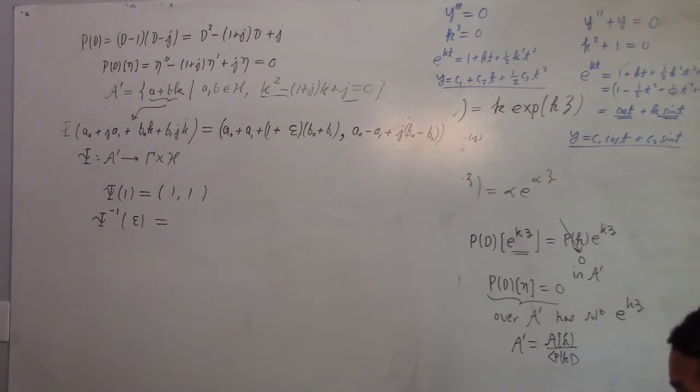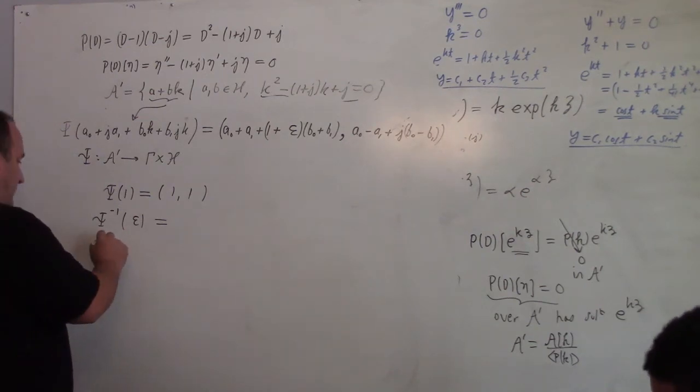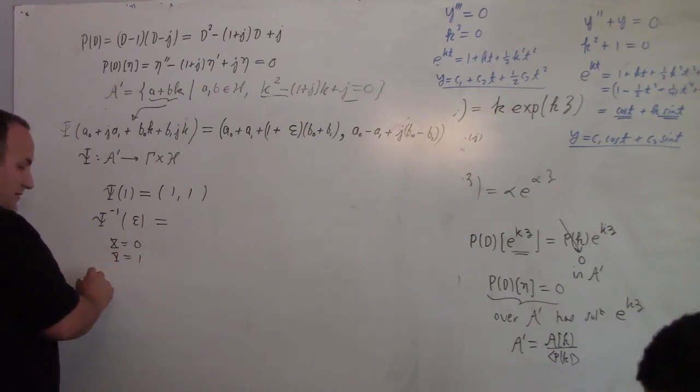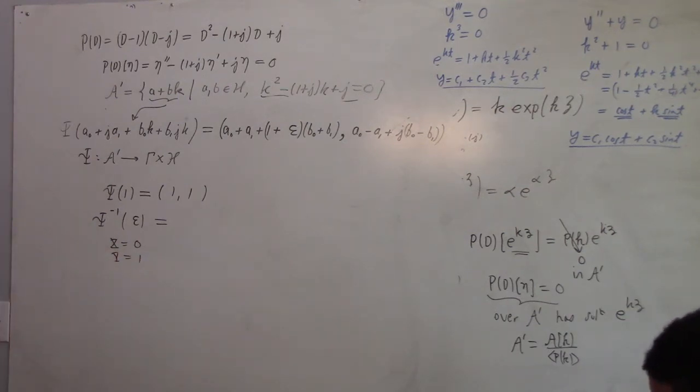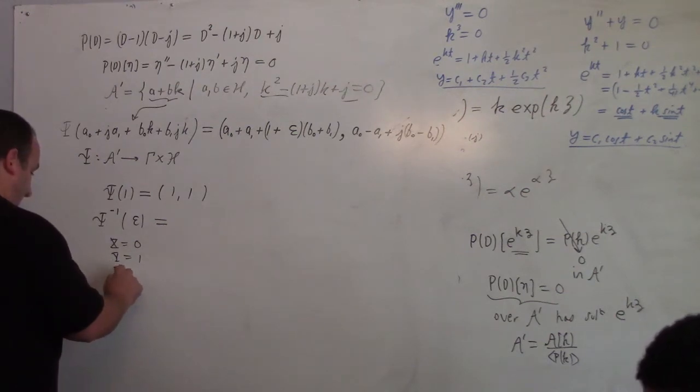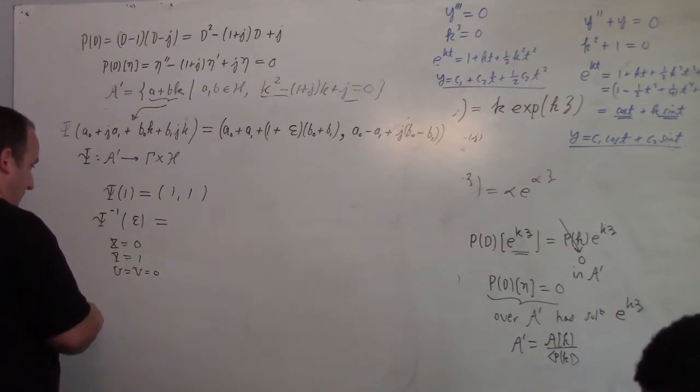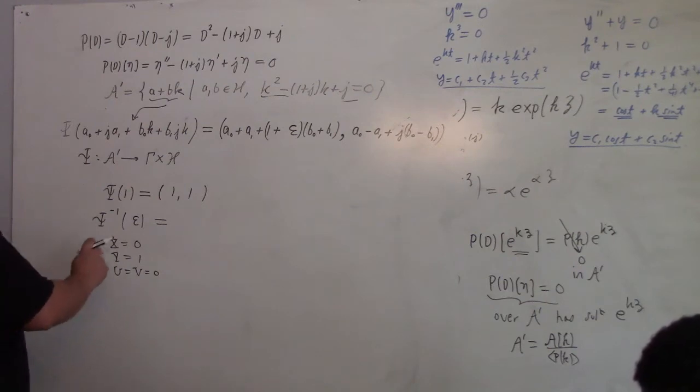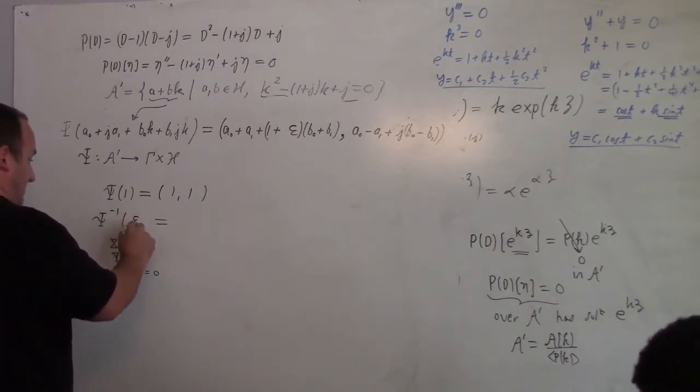In his formula, x equal to 0, big X equal to 0, big Y equal to 1, big U equal to 0, big V equal to 0, I suppose. I'm curious what the inverse image of epsilon comma 0 is.